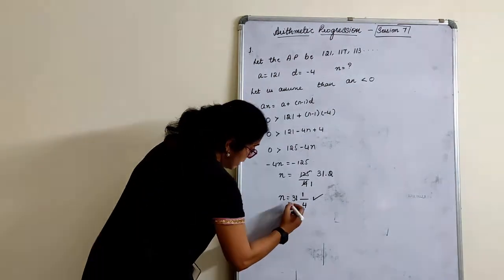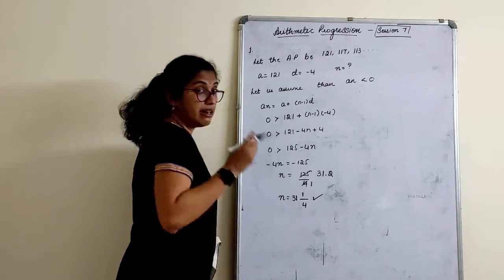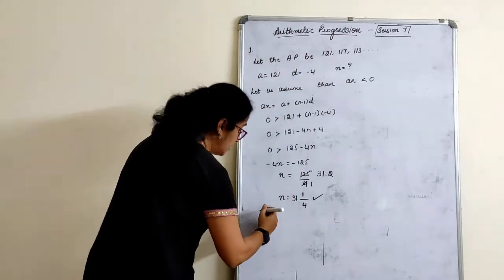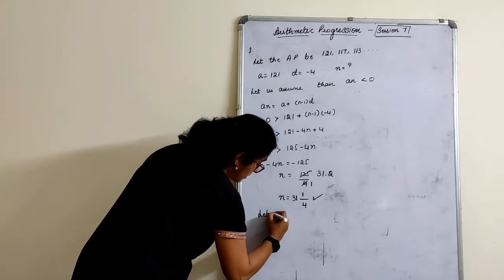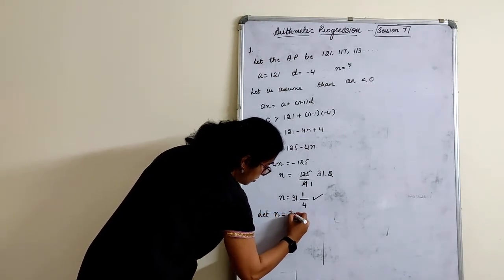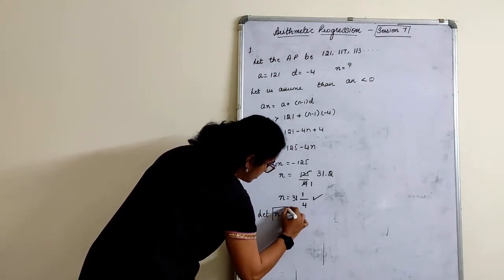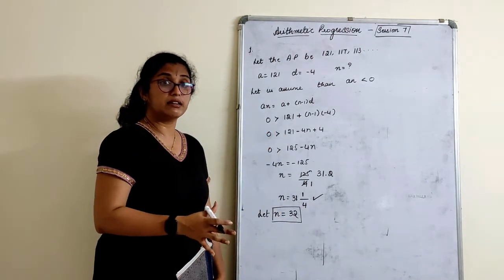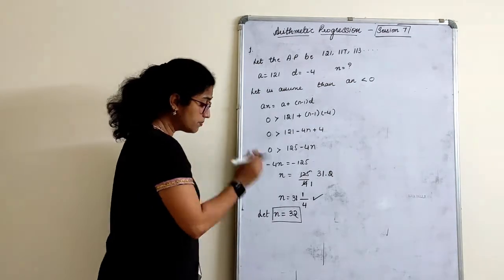But let us consider the integral part and the next decimal after 31. Let n is equal to 32. Why 32? I got 31 point something, so I'll take it as 32. It's always done like that.